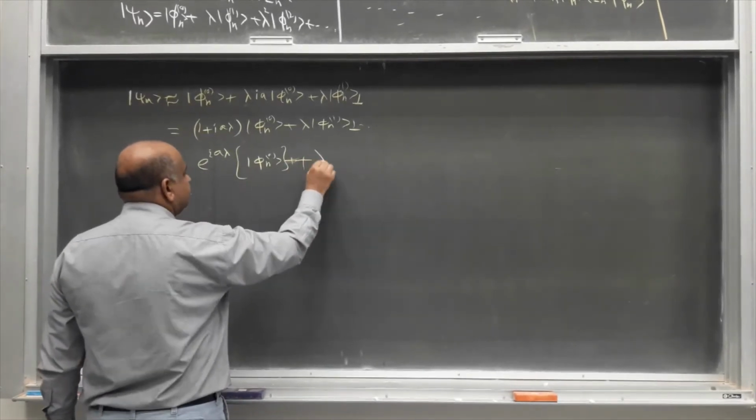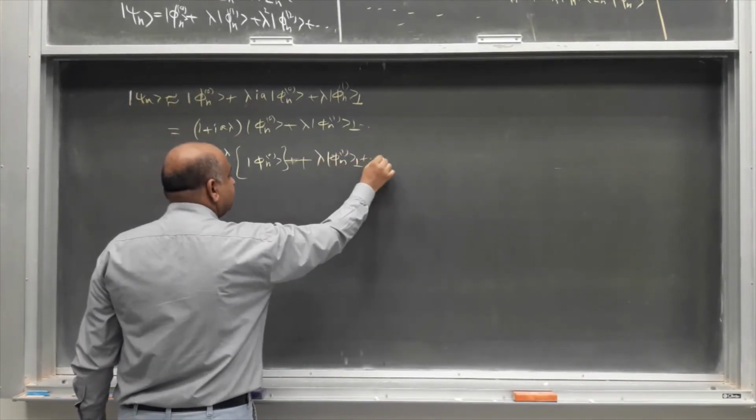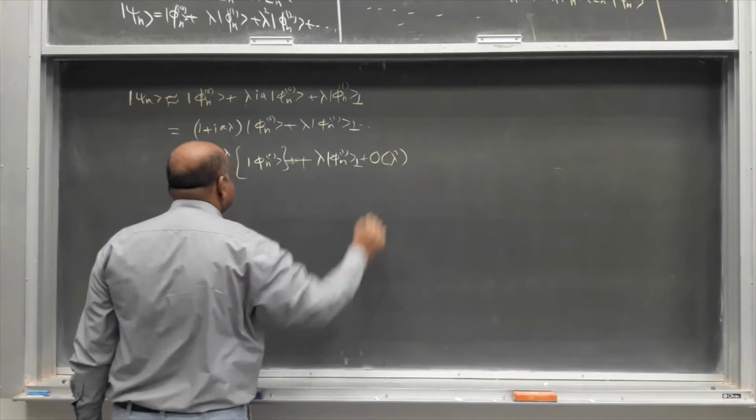Let's write it like this: perpendicular part and some terms of the order of lambda square.